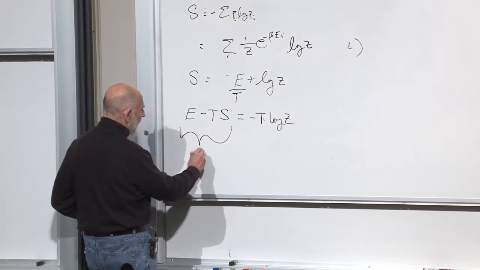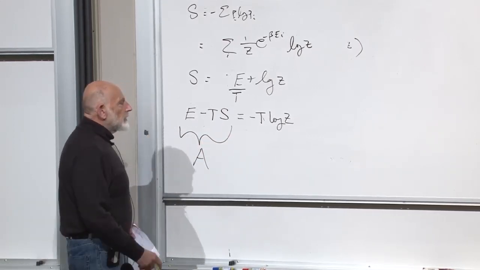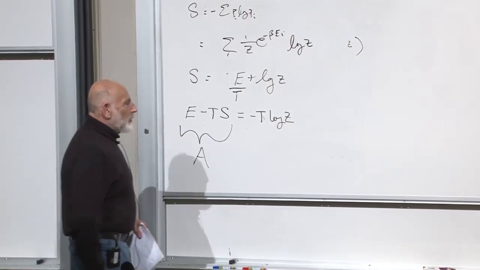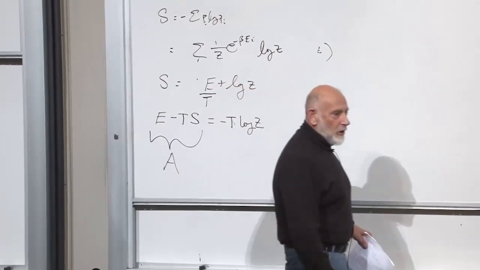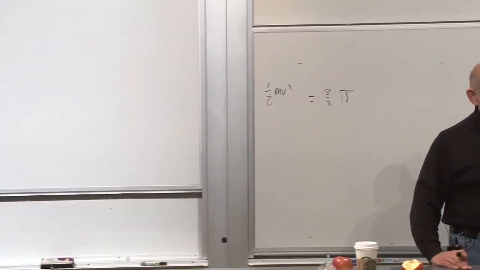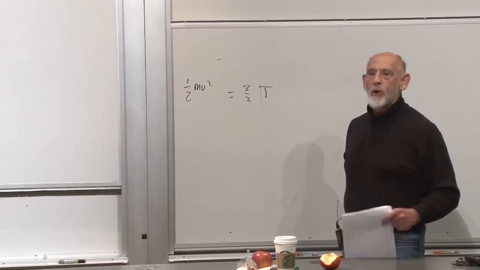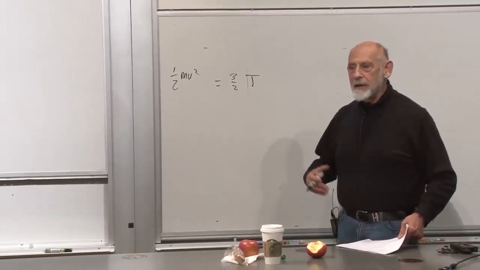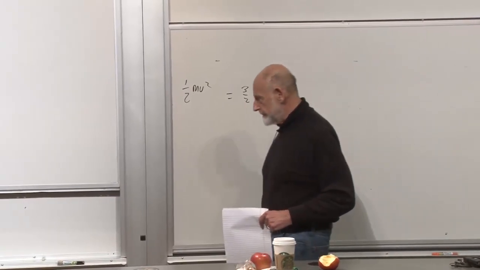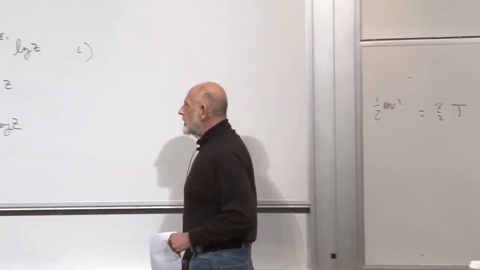Its name is A, and it's called the Helmholtz free energy. Things are given names when they occur over and over again. We're going to find out that it plays a leading role in calculating things like pressure and all kinds of other things. Okay, so this is called A.